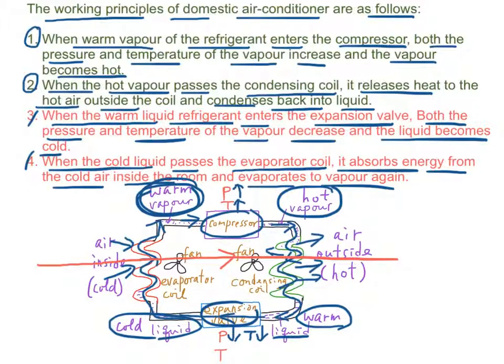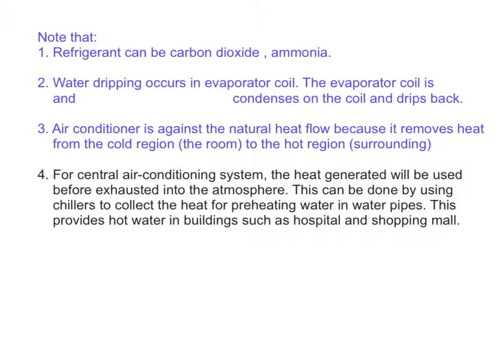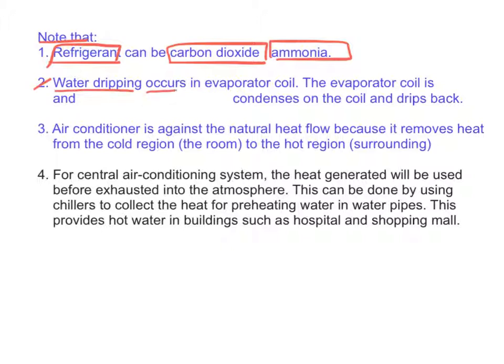Notice that for an air conditioner, heat flows from a cold region to a hot region, which is against the lateral flow of heat. Note that the refrigerants can be made of carbon dioxide or ammonia. Second, water dripping occurs at the evaporator coil.